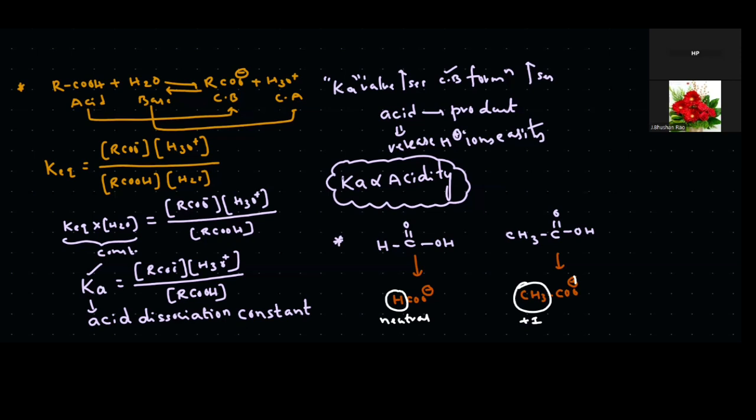So formic acid is always more acidic than acetic acid. This is very, very important. After removal of H plus, formic acid easily releases H plus, whereas acetic acid does not. So formic acid is always more acidic than acetic acid.